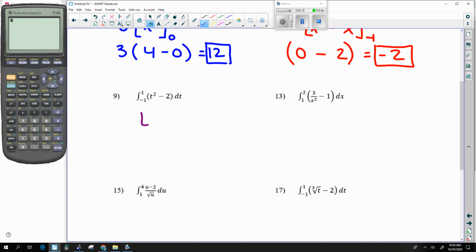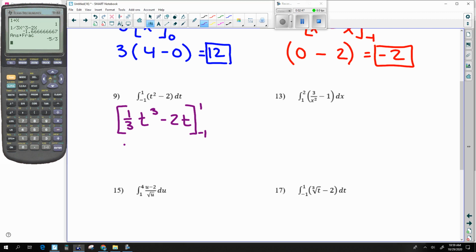So here we go, t to the third, 1/3 minus 2t. Again, I don't take out the 1/3 because I have to take it out of everything if I do. So I could turn it into a 6, I guess. All right, so this is going to go into 1/3 x to the third minus 2x.